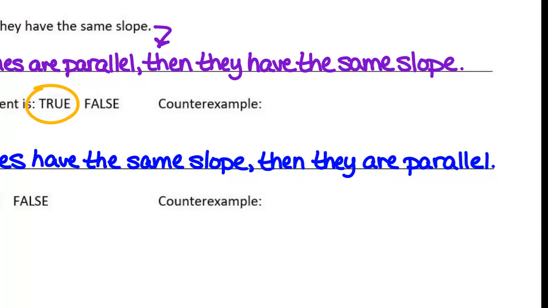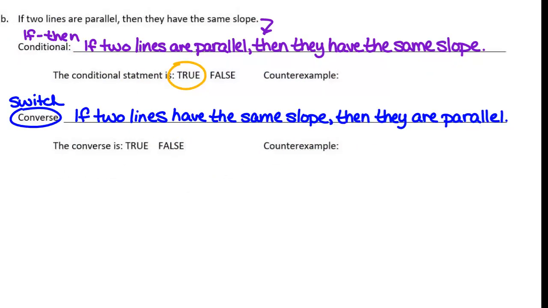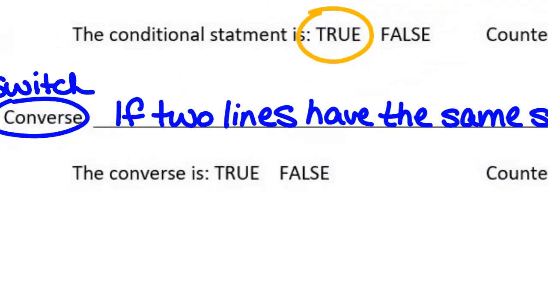Do you think that's true or false? If two lines have the exact same slope, they have the same rise over run, does that mean that they have to be parallel lines, that they're never going to touch each other? That is true. If they have the same slope, then those will be two lines that never touch each other.